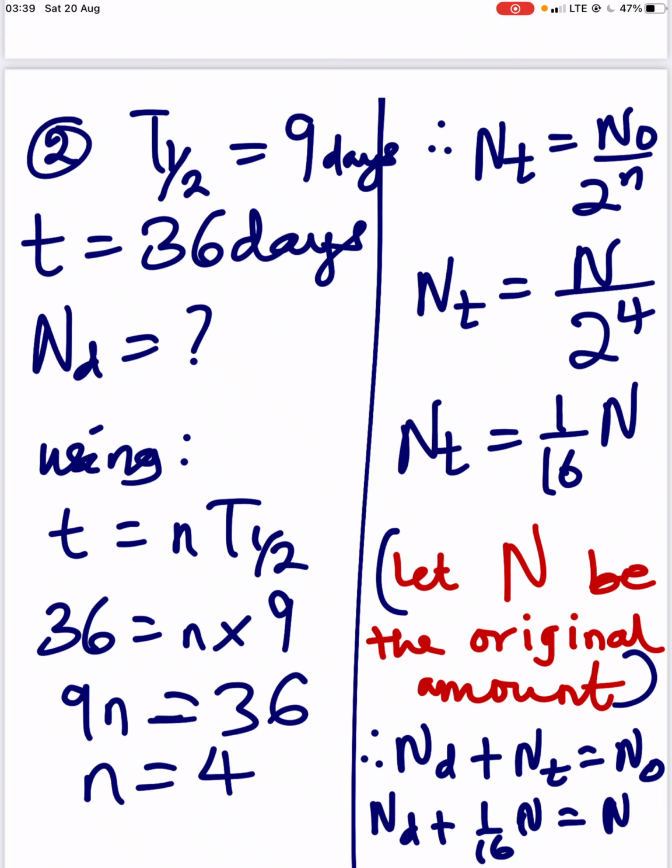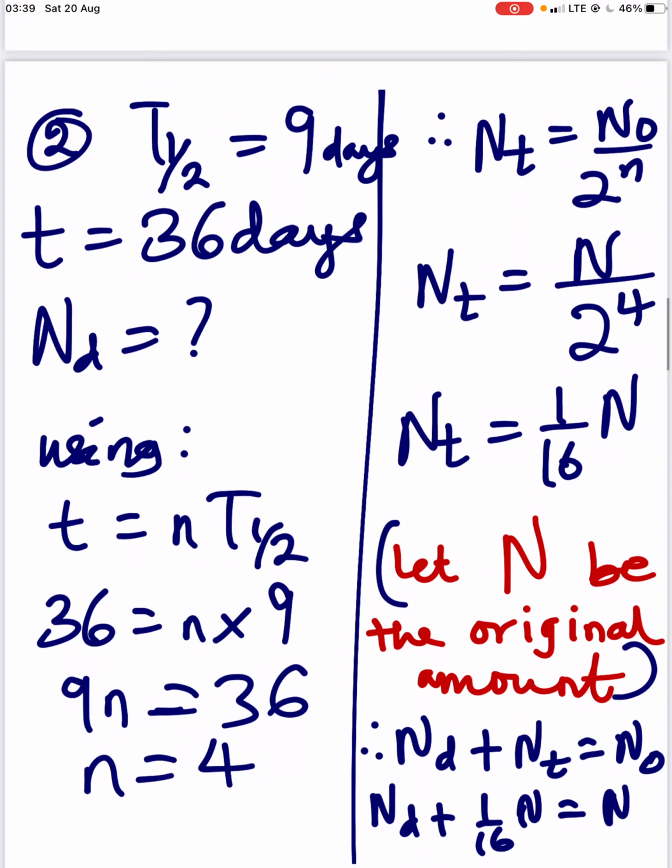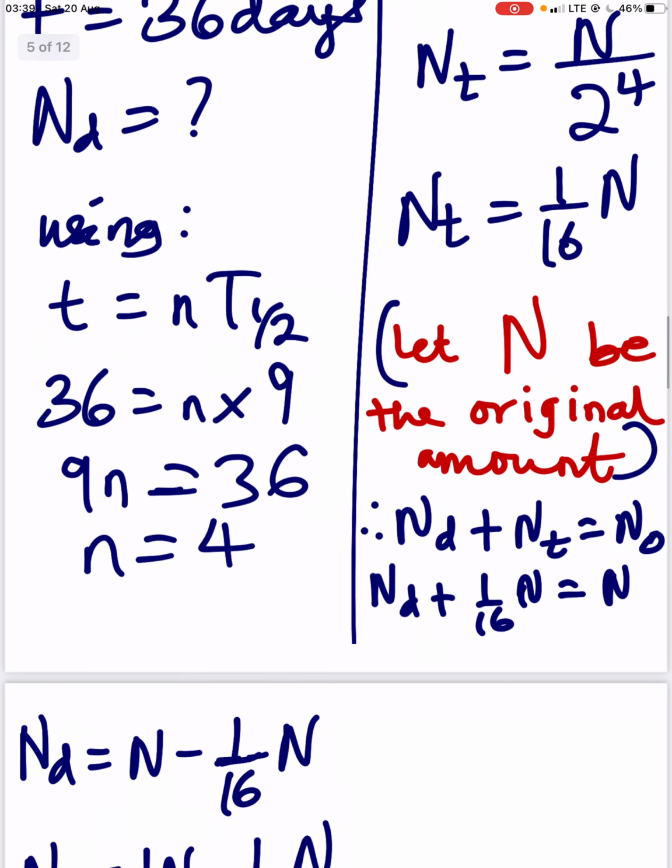Now using Nt is N0 over 2 raised to the power n, we have Nt is N over 2 raised to the power 4, because it is 4 half-lives that has passed. This small letter n refers to the number of half-lives that have passed. So we get Nt is equal to 1 over 16 N. Let N be the original amount.